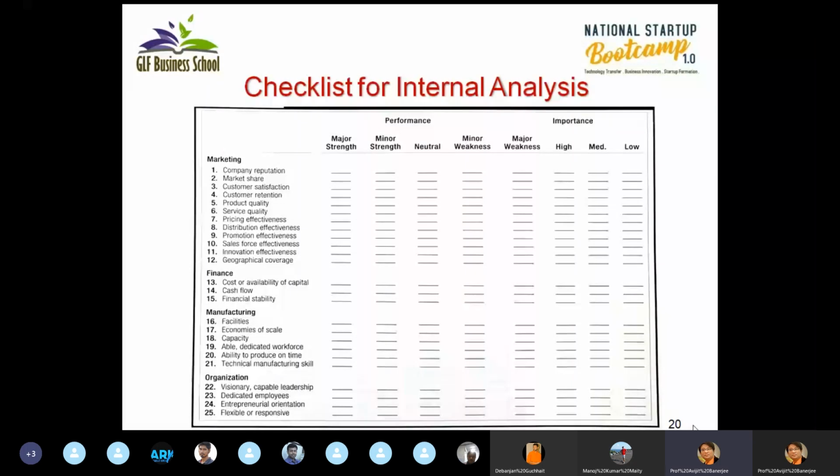These are all examples, but you have to decide your own parameters and you compare the performance and importance as per your industry norm. So this is a checklist for performing strength and weakness analysis for your company.